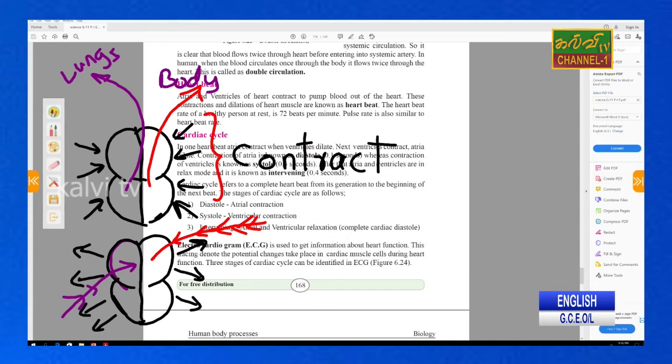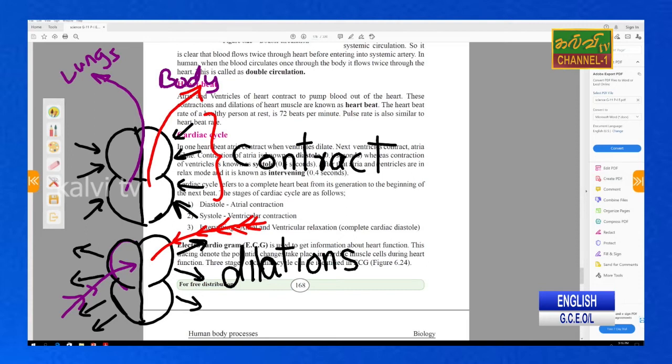When it's dilation, it means it's becoming a big size. We can say contract and relaxation are also the same. So contraction and dilation activities are very important to pump the heart.